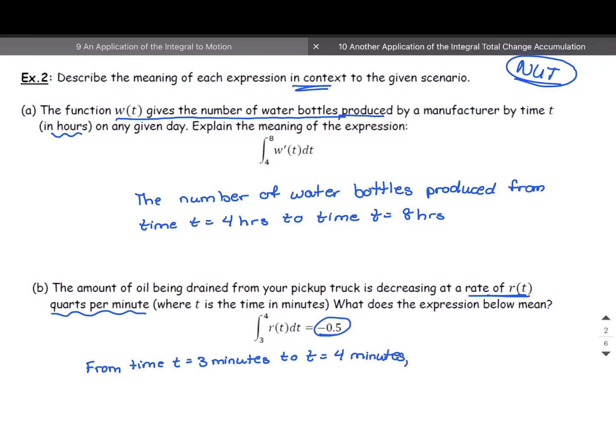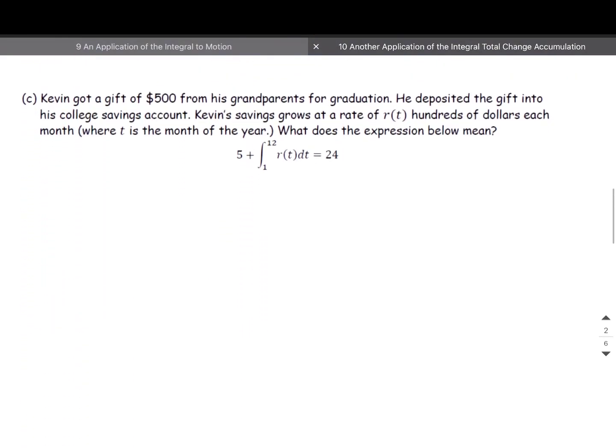What happened? 0.5, but it's negative. So if it's negative, it means it came out. So half a quart of oil drained from the pickup truck. That's not good. You lost half a quart of oil in a minute. Not good. That truck needs service.